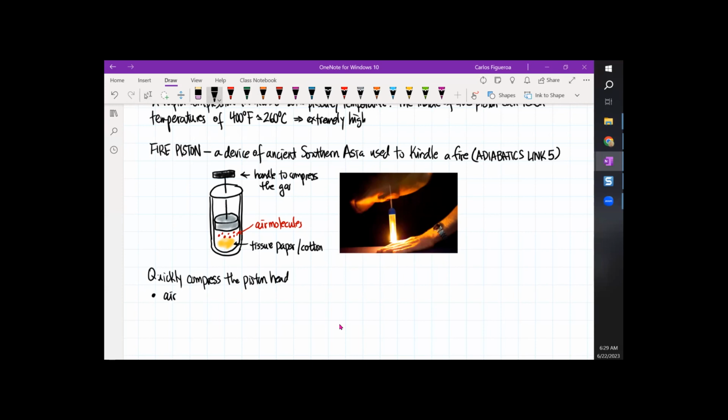The air molecules increase internal energy and, of course, temperature. And so the tissue cotton is at a lower temperature.